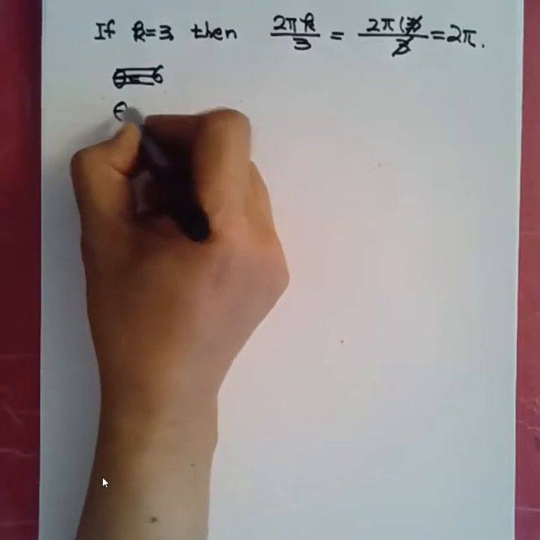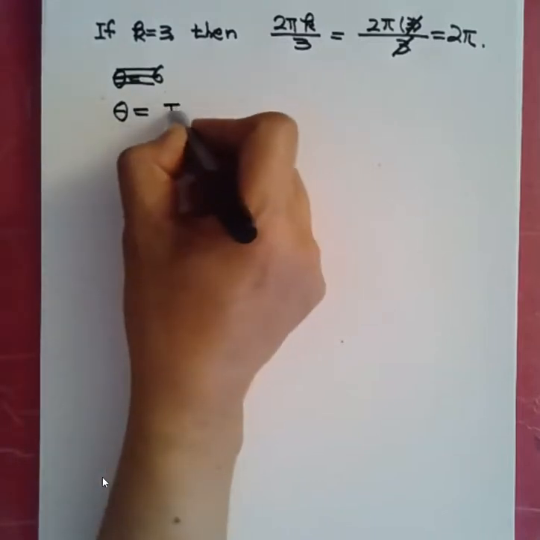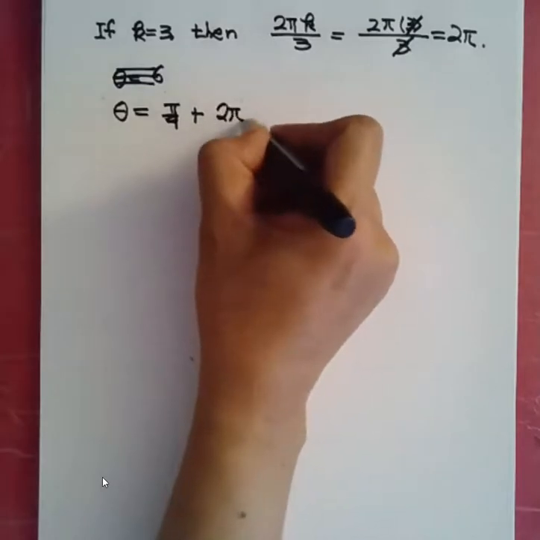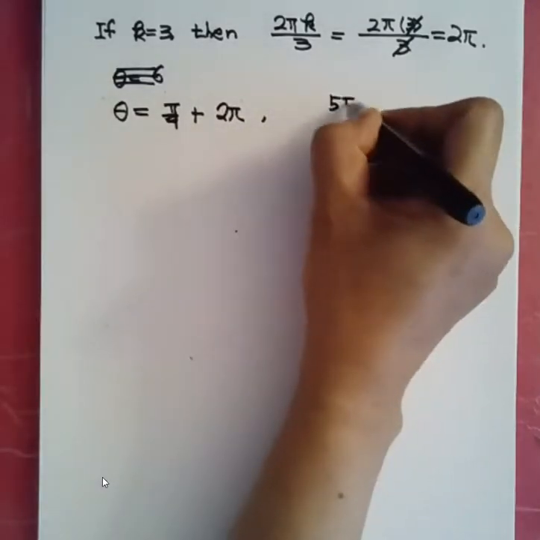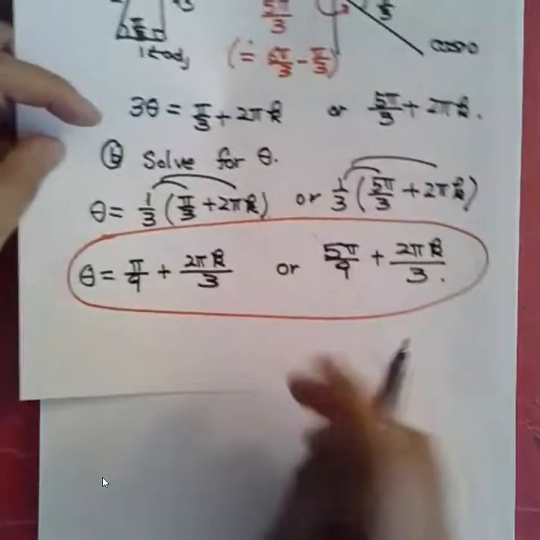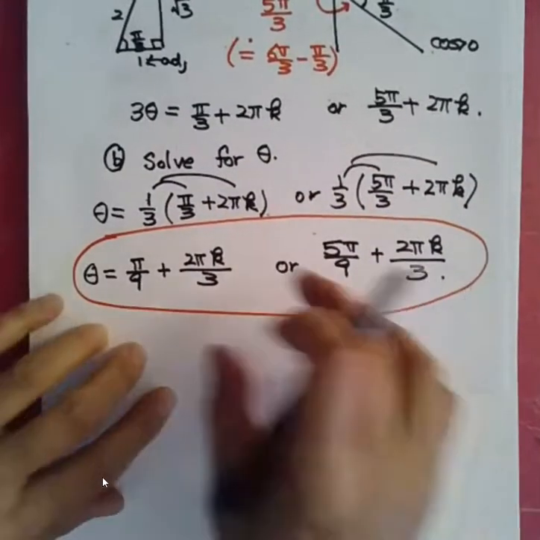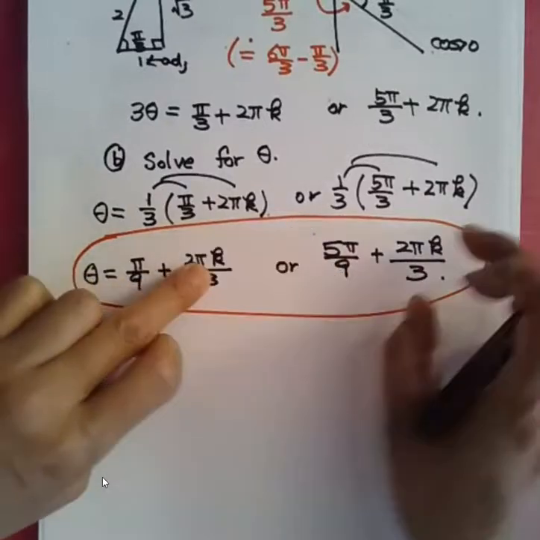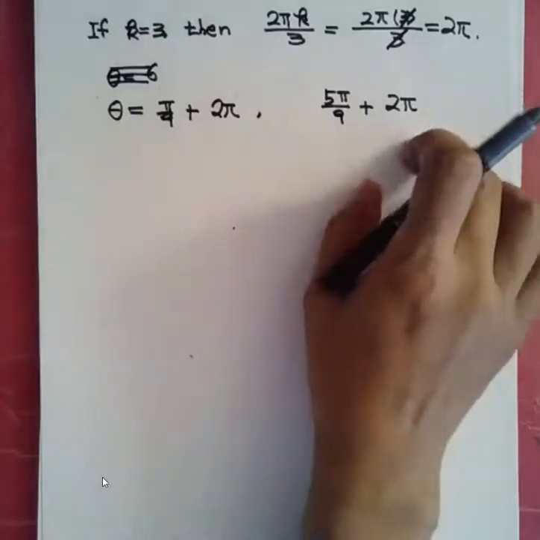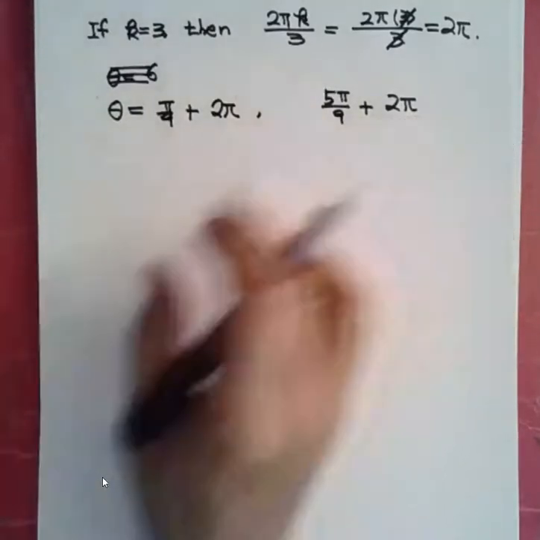And we know that theta equals pi over 9 plus 2 pi, and 5 pi over 9 plus 2 pi. Here, if you look at this, what I said was this fraction will be 2 pi, this fraction will be 2 pi. So I added 2 pi here.